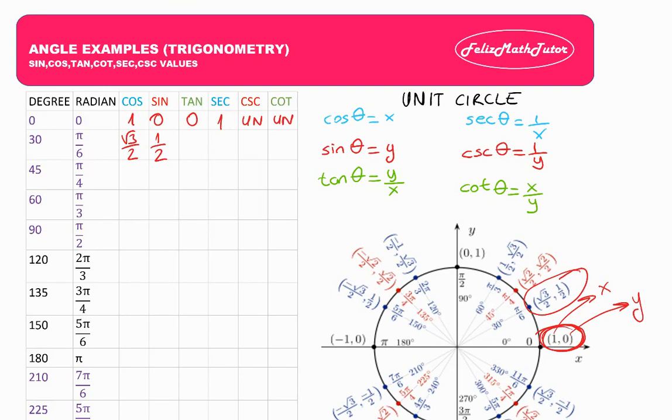And putting all these in the formulas here, we will find tangent square root of 3 over 3 and secant 2 square root of 3 over 3 and cosecant 2 and cotangent square root of 3.